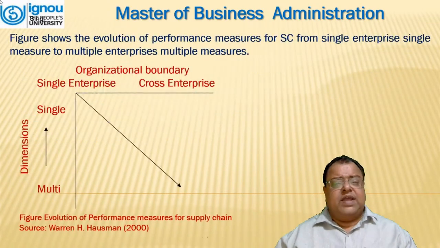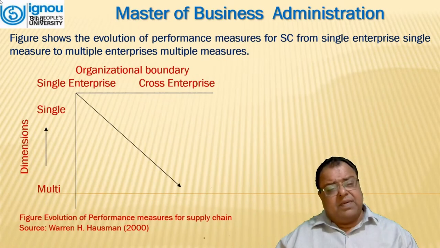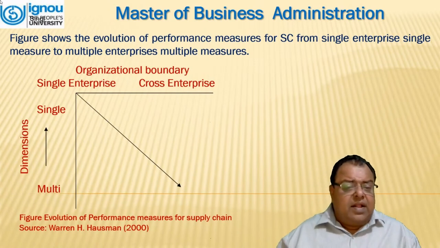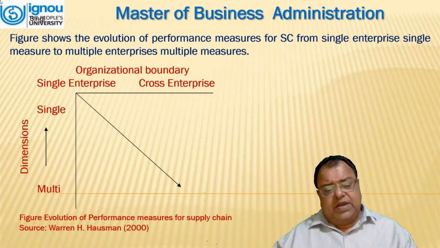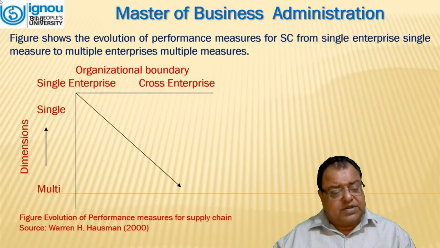The figure shows the evolution of performance measures for supply chain from single enterprise, single measure to multiple enterprise, multiple measures. This figure is basically the evolution of performance measures for supply chain sources, as presented by Brian Hoffman.